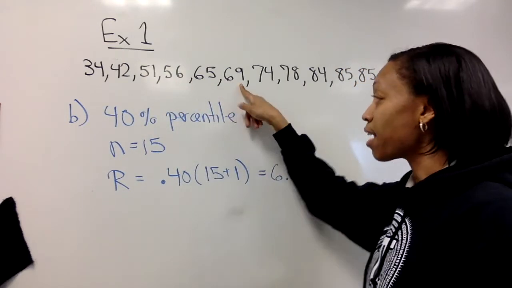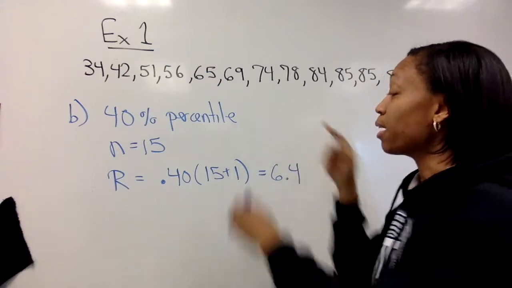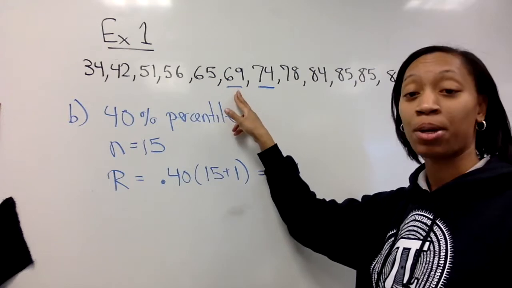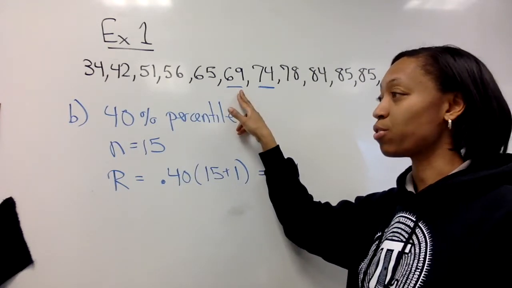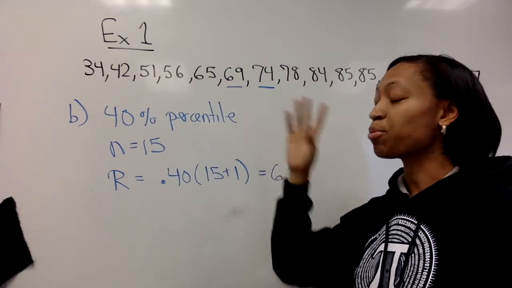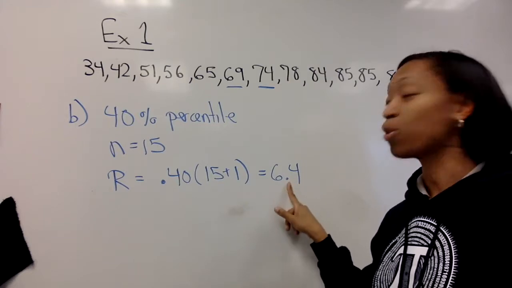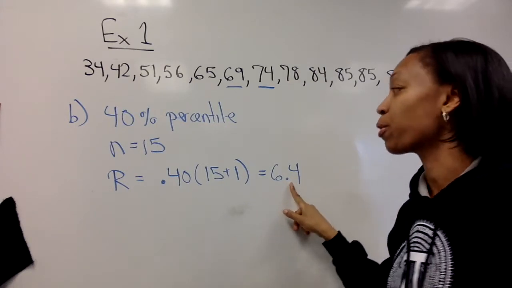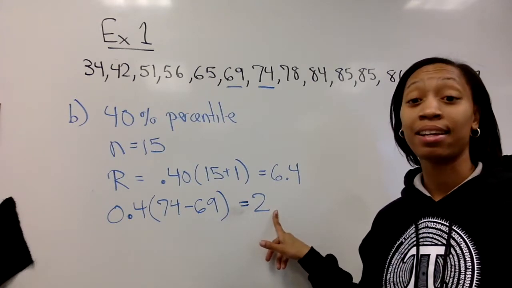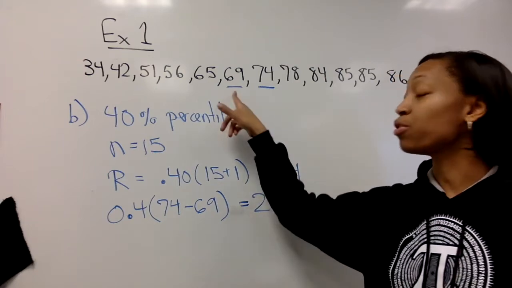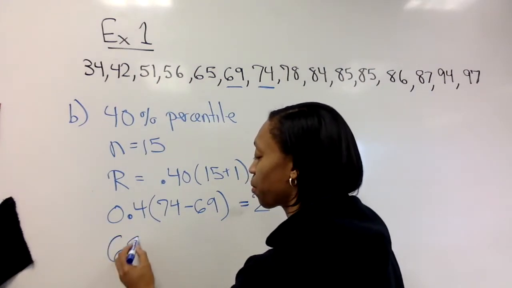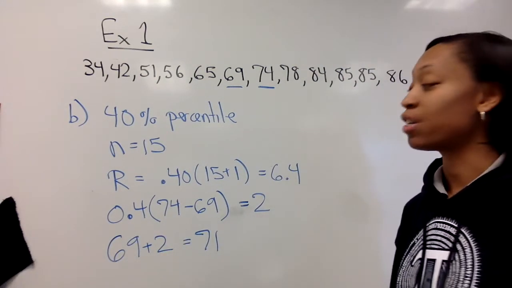I need to go to the sixth item, but then I need to go 0.4 of the way between these two items. To find 0.4 of the way between these two, we're going to subtract the values and multiply by the decimal, which is 0.4. When I did that, I can see that I'm going to have to add 2 more to pass the 69. So now my answer is 69 plus 2. So the 40th percentile is 71.